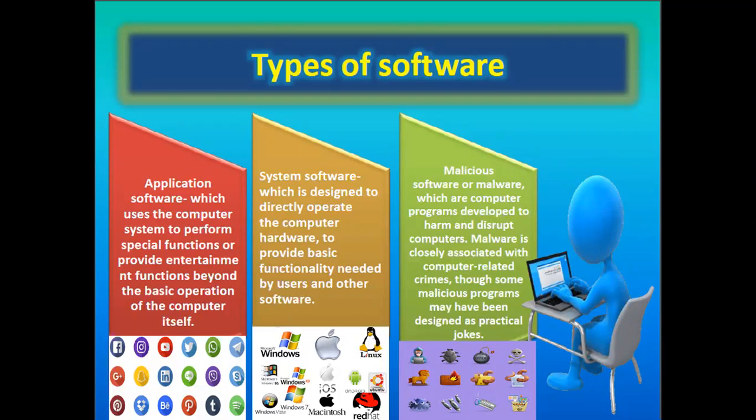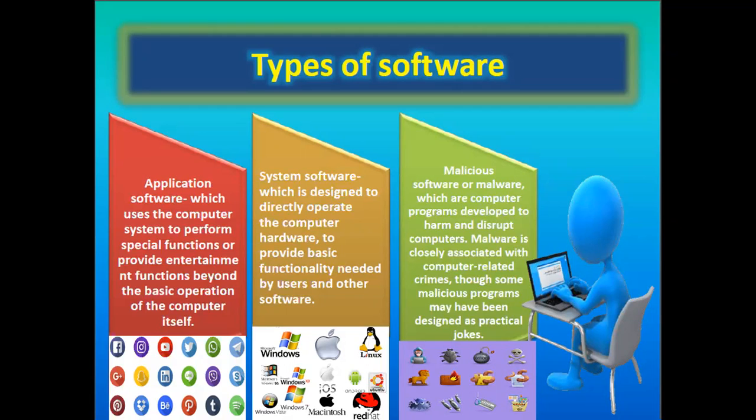Now, another one is system software, which is designed to directly operate the computer hardware to provide basic functionality needed by users and other software. So basically, system software are the directions or the software that are used by the computer to function.